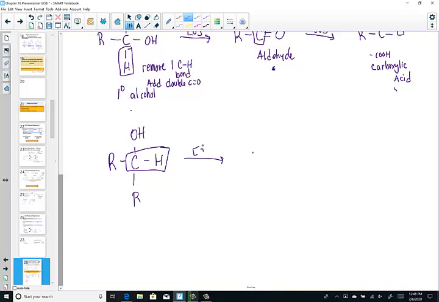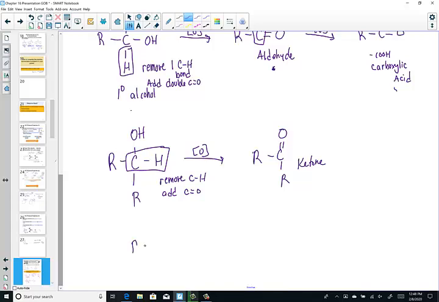So when it is oxidized, we remove one CH bond and turn it into a ketone, so that we had C double bond O, and then there was the other R. It turned into a ketone, and then it was done because we only had one CH bond to oxidize.